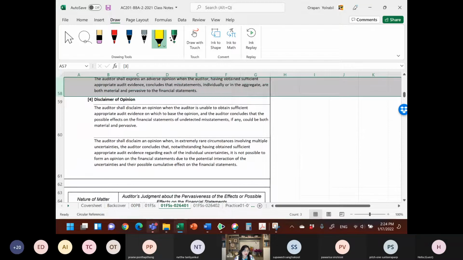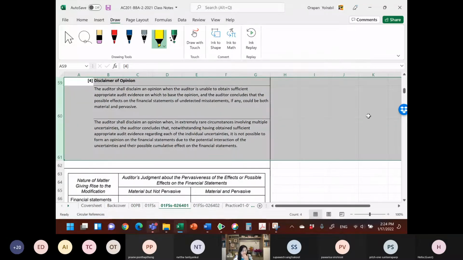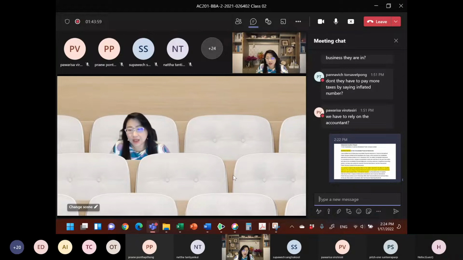Then the fourth one is disclaimer. So what do we mean by disclaimer? For disclaimer, this is when the company has a lot of uncertainties and a lot of risk associated with going concern.